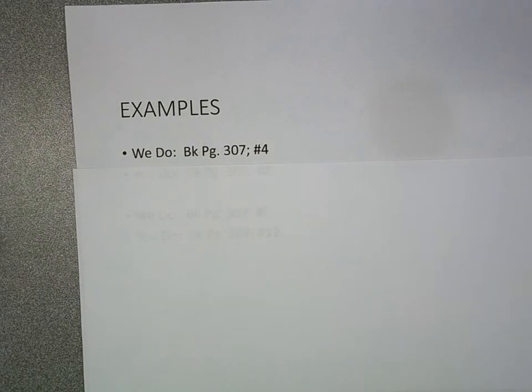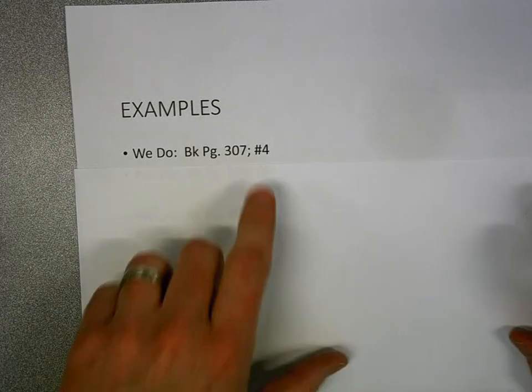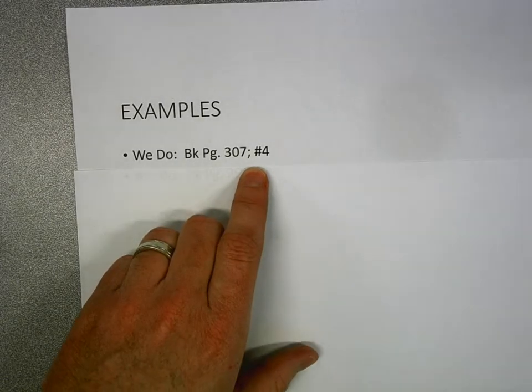Put your assignment number with the assignment on the top there. Okay. On page 307, the directions say, for problem number 4, add, use models if needed. We're not going to necessarily use a model right now, so we're going to take a look at problem number 4.